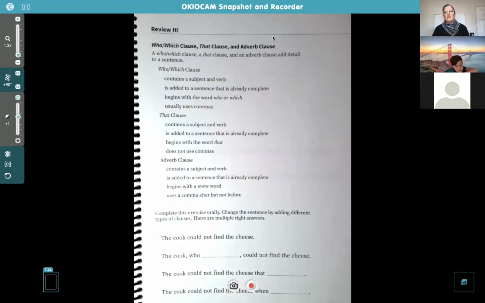Like if I was to say, Sawyer, who is waiting for winter break, is excited to see the new SpongeBob movie. So who is waiting for winter break is the middle of the sentence, and that's where we put commas around that.